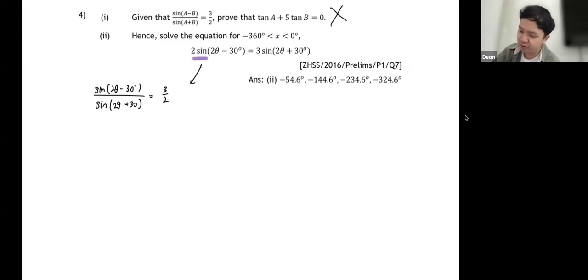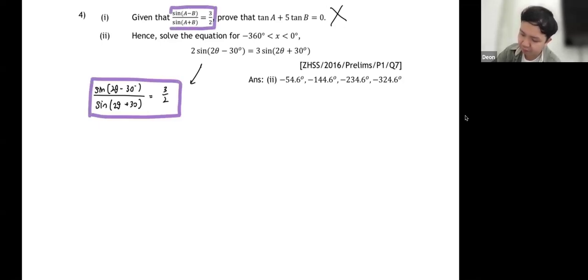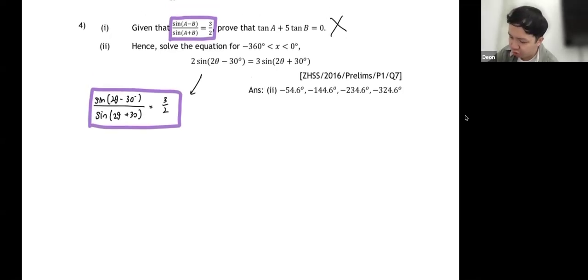This is the same as this, so I can use this because I already proved it in part 1. Even if you never did part 1 and left it blank, it's okay. Just use it. Can?